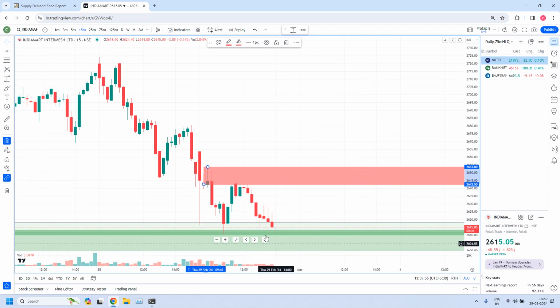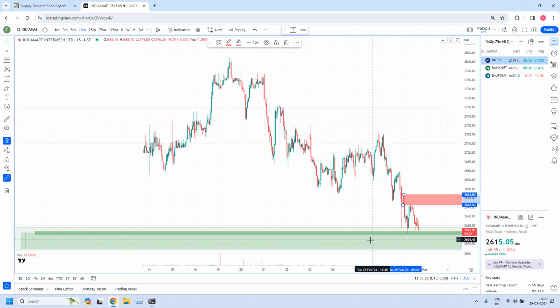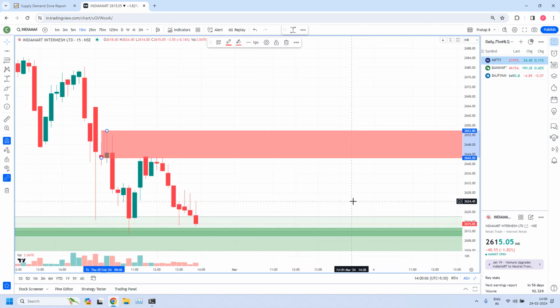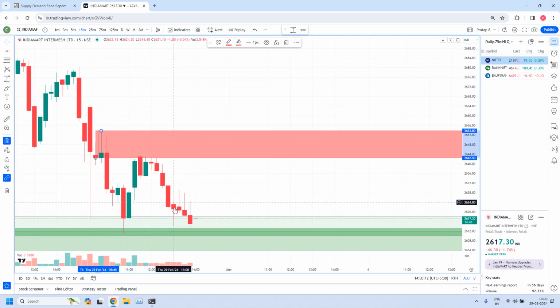Once this 1 minute zone is violated, then this entire zone will be violated easily because the price structure is not good. This is the one area where institutions secretly kept this 1 minute zone, and they added a price action clue. Based on this clue, if you would have taken a trade, this could have been your profit.